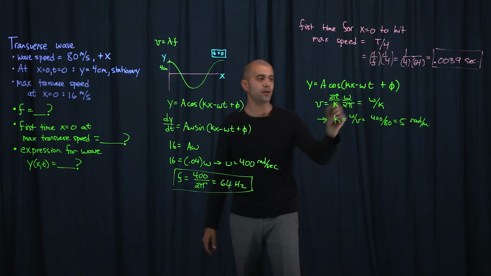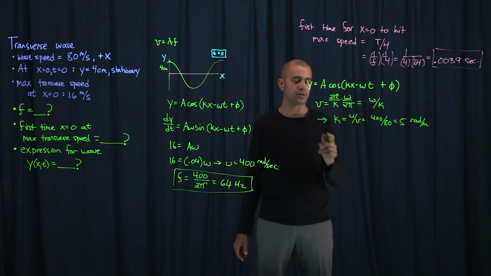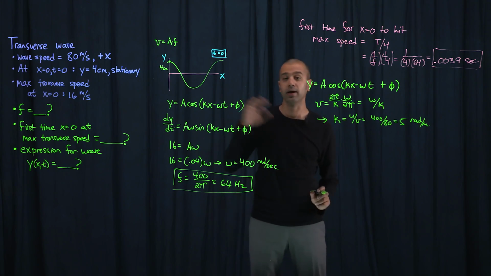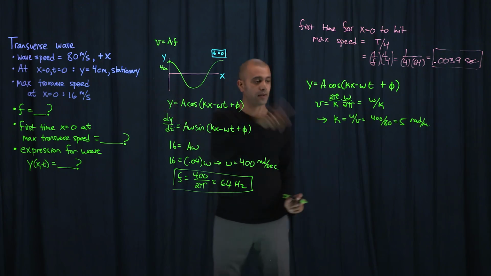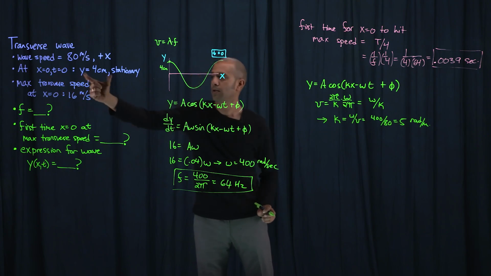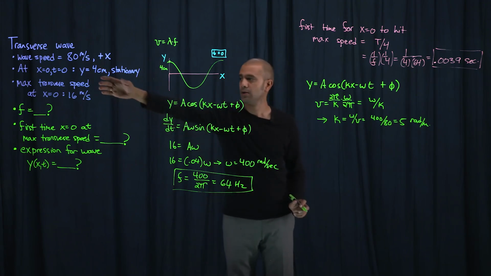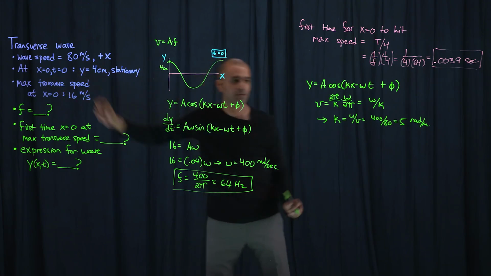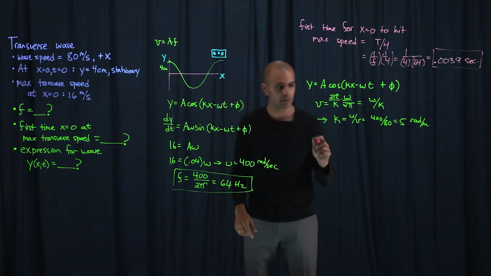All right, so the only thing we need now is the phi. And the best way to do this actually is to go ahead and plug in, if we know any initial conditions at all, any given point of the string, then we can plug that in to find the last quantity. We do know that at x equals 0, t equals 0, the string is at a displacement of 4 centimeters and it's stationary. So we know y at x equals 0, t equals 0. If we plug that in, and for the last part, let me write that here.